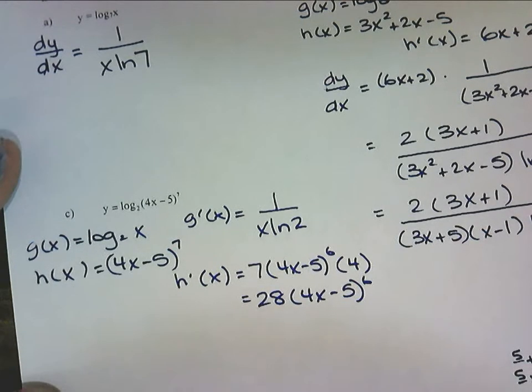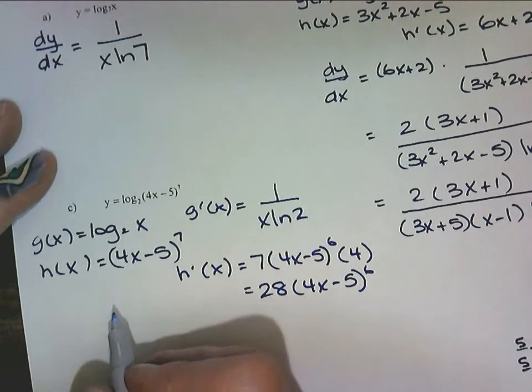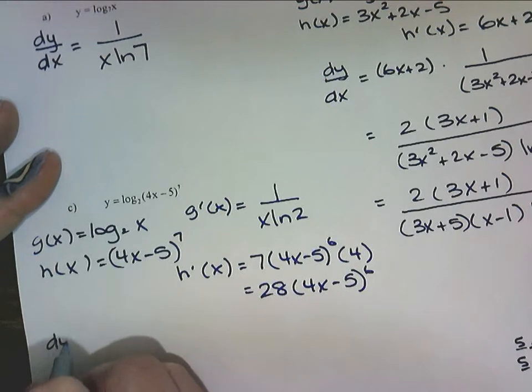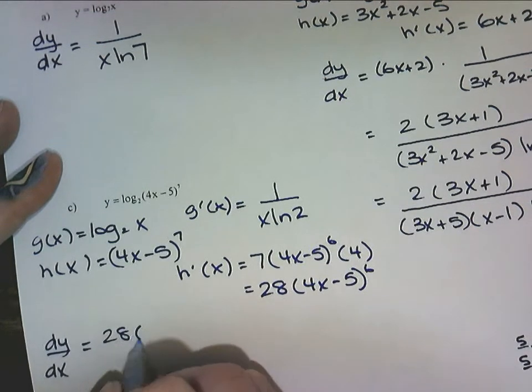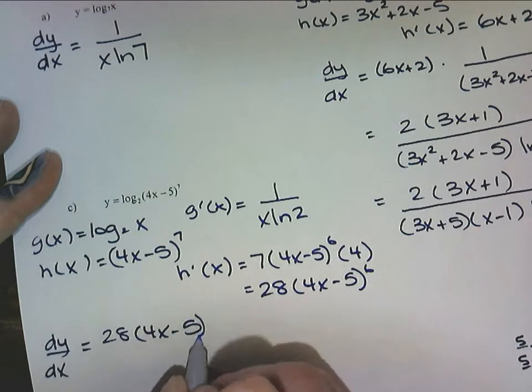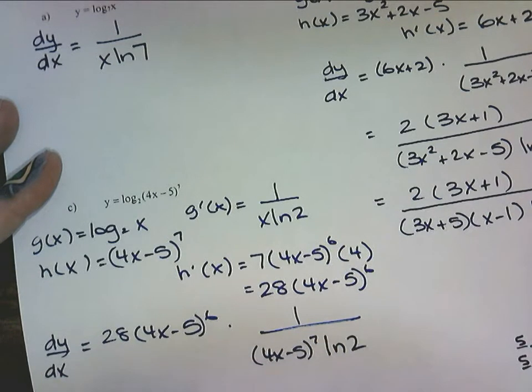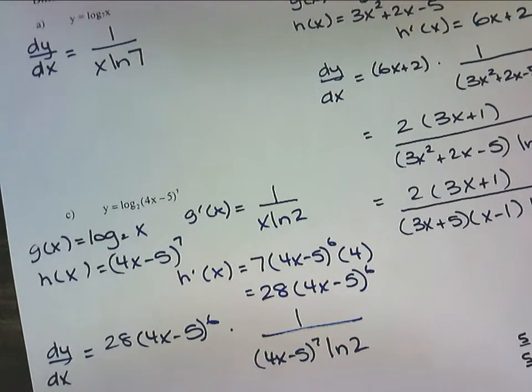If I put those all together, I get dy by dx is equal to h prime times g prime of h of x. Well, I can simplify that.